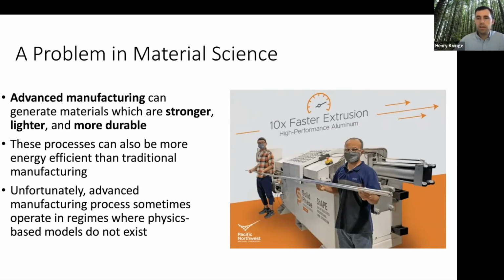The unfortunate thing is that these manufacturing processes are sort of the Wild West in terms of understanding what's going on. Oftentimes, because of the regimes they operate at, the physics models are not quite there yet. And so when the material scientists go to run experiments, they're largely operating on intuition and trial and error.